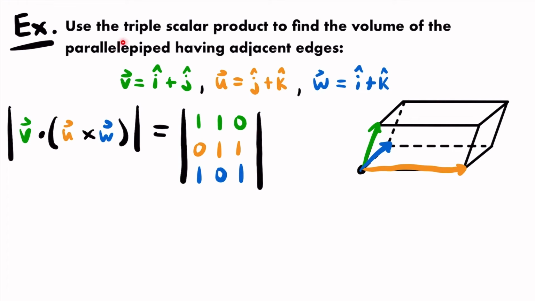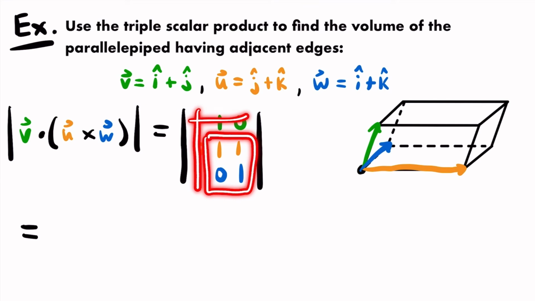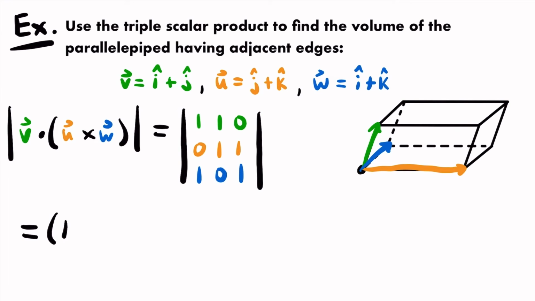Now let's find the triple scalar product by calculating the determinant of this matrix. Let's get started. Let's look at 1 to start, the first value in that first row. We'll cross out the row and the column that it's in and use the remaining 4 values to calculate a 2 by 2 determinant, which we will multiply by 1. We'll have 1 times 1, which is 1, minus 1 times 0, which is 0. So we have 1 minus 0 times 1, that value that we crossed out.